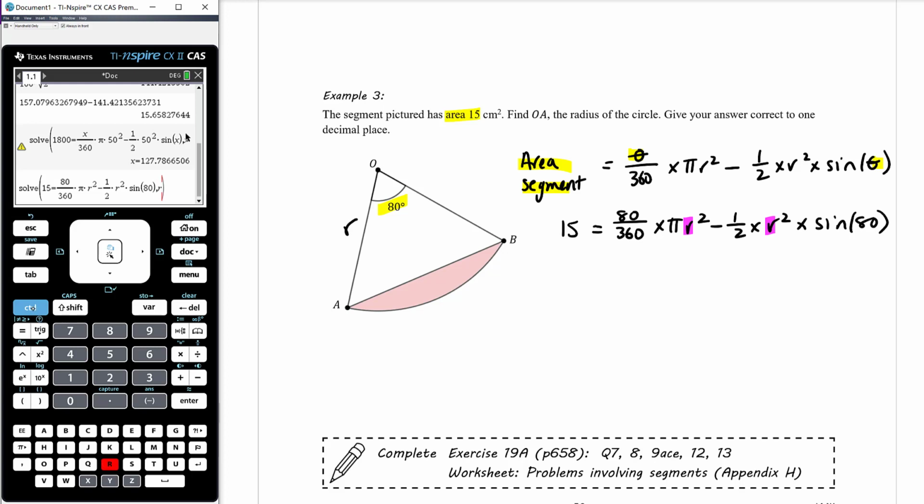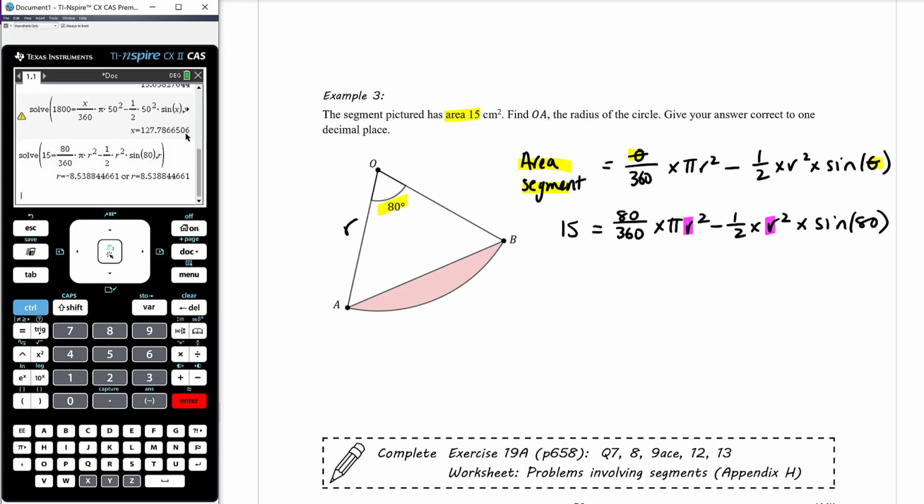Now because of those r squareds, when I press Control Enter, I'm going to get two solutions, but one's positive and one's negative, kind of a negative length, and so we know that r has to be, to 1 decimal place, 8.5 centimetres.